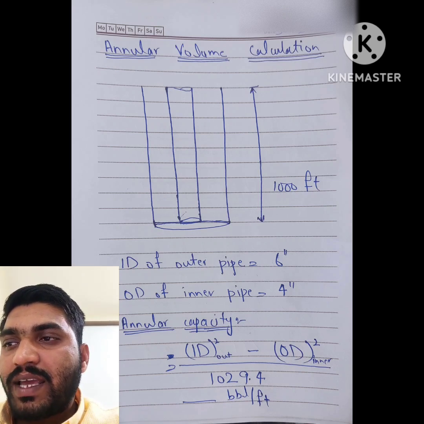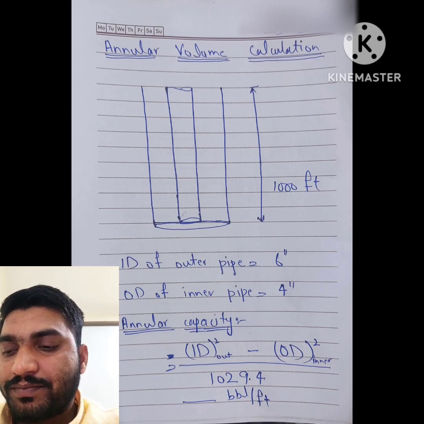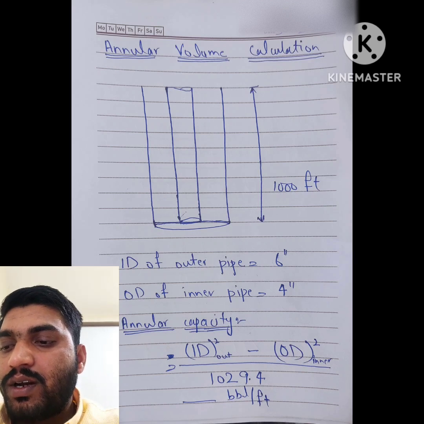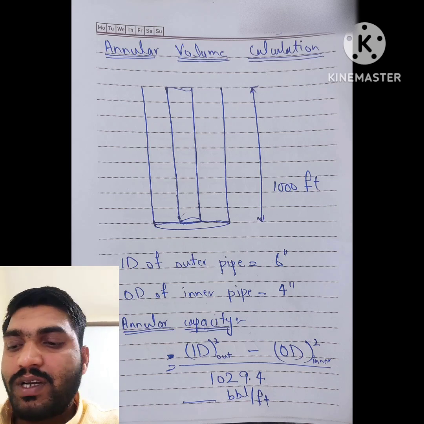To calculate the annular volume, first we need to calculate annular capacity. The formula of annular capacity is ID square of outer pipe minus OD square of inner pipe, divided by 1029.4.